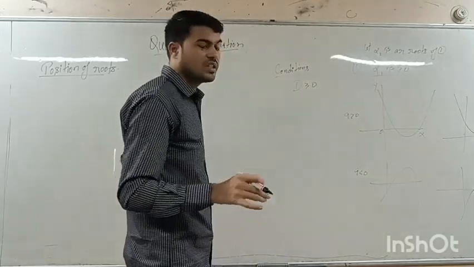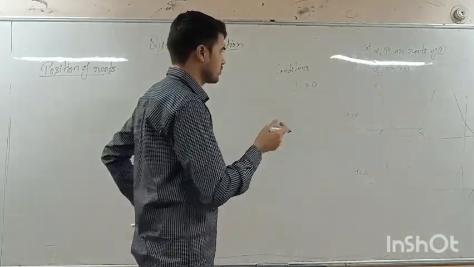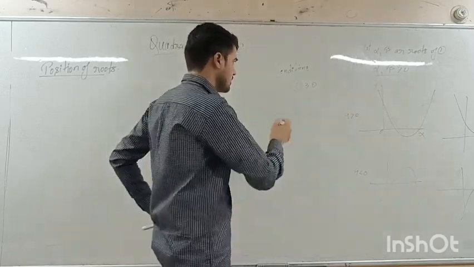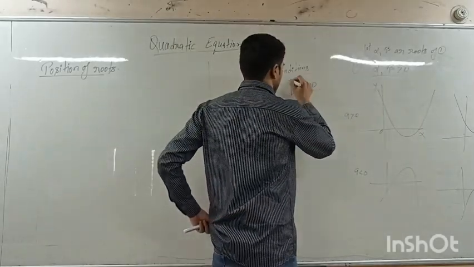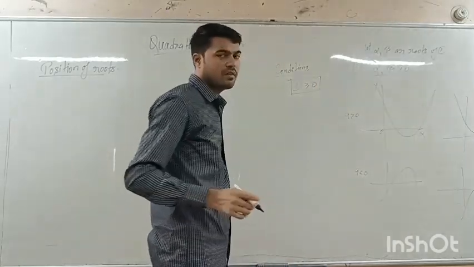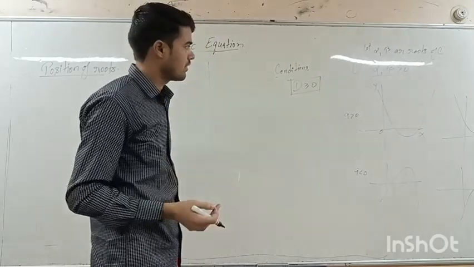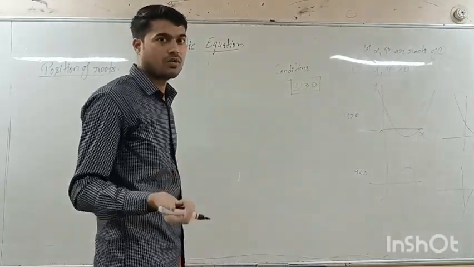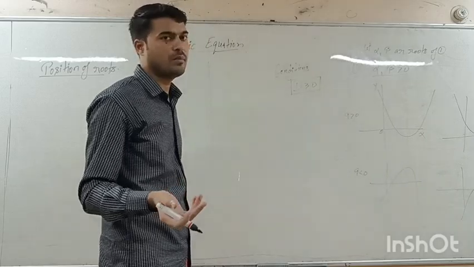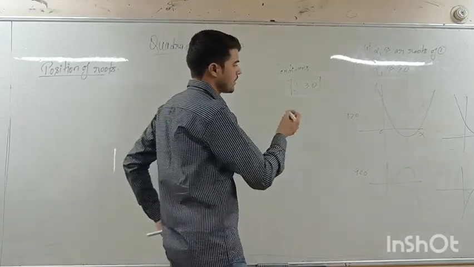Whenever we think that there is a root of an equation, D will always be greater than or equal to 0. This is a trivial condition, and everywhere D will be greater than or equal to 0 whenever we are considering that there are roots alpha and beta, which may be different or the same.